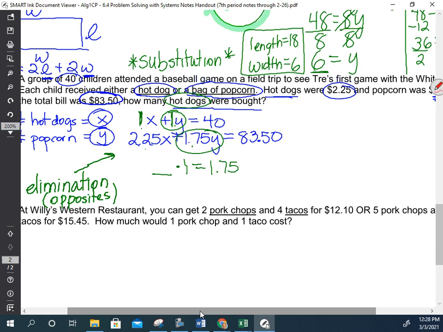So we're going to take the top equation and multiply it times negative 1.75. I need them to be opposites so that they will drop out.